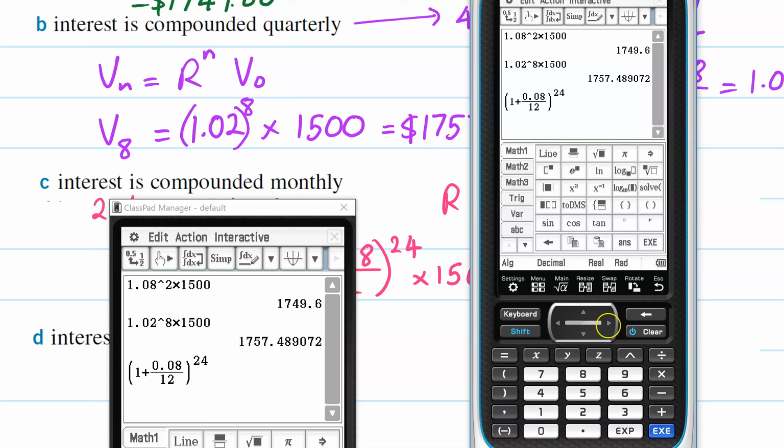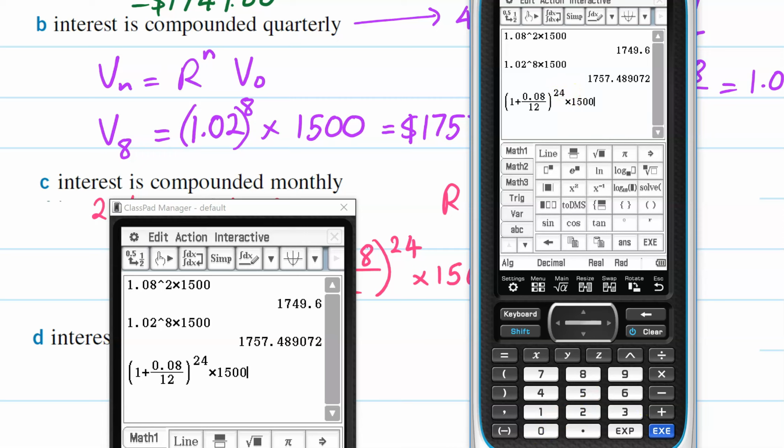I need 24 months. Make sure that you use the arrow keys to go out before you type times 1500. Don't type 1500 just where the 24 is. That will be an incorrect answer.